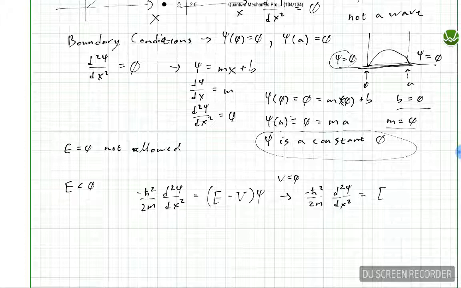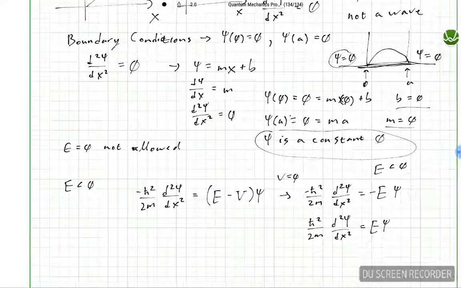So then I have E times psi, but E is less than 0, so E is negative. I can go ahead and just get rid of both negatives now. And I have this function.